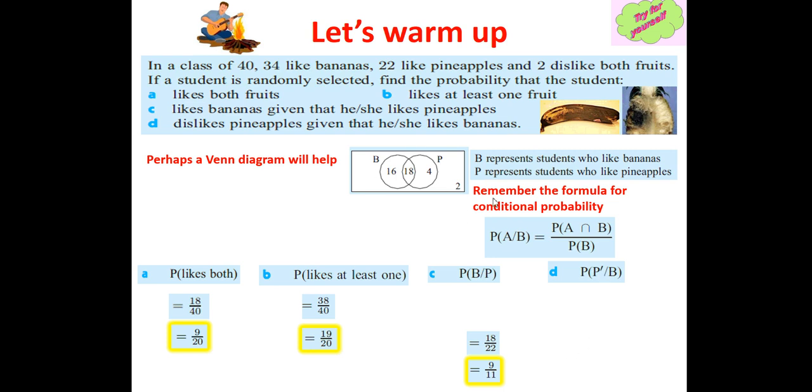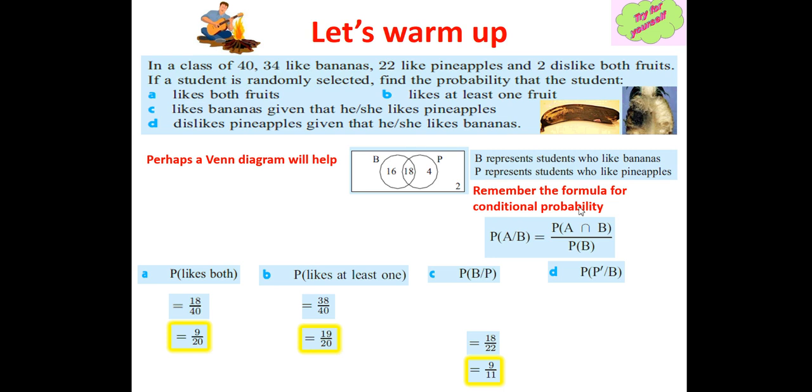But the intersection of dislikes pineapples and likes bananas is 16 over 40. So it's this little crescent here, because it's the intersection of dislikes pineapples and likes bananas.